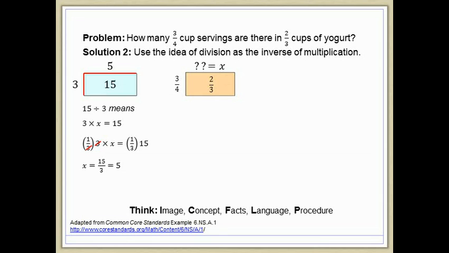Well, similarly to over here, what this means is that 2/3 divided by 3/4 means 3/4 times some number is going to have to give me 2/3. So now we're going to work the same way that we did over here and look at inverses.